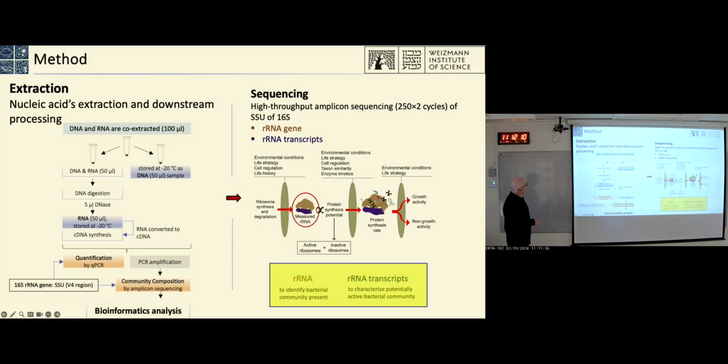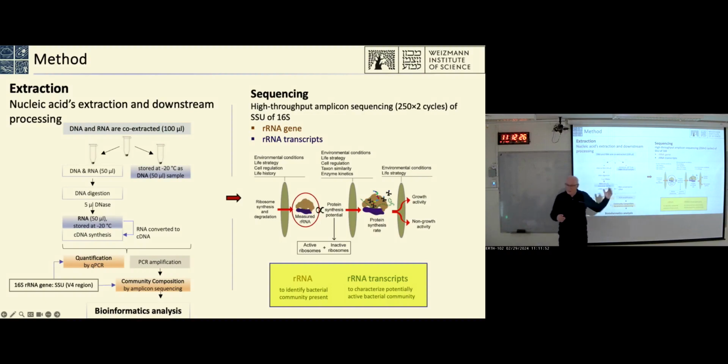So we do the extraction. There is a protocol. We can do DNA and metagenomics or sequencing, or RNA. The reason is the following. DNA is a very stable molecule. RNA is not so stable a molecule.